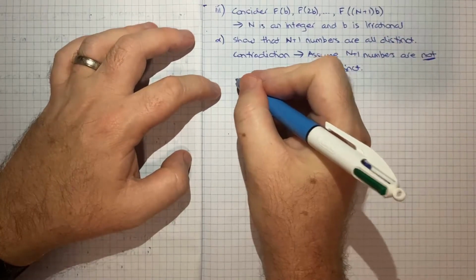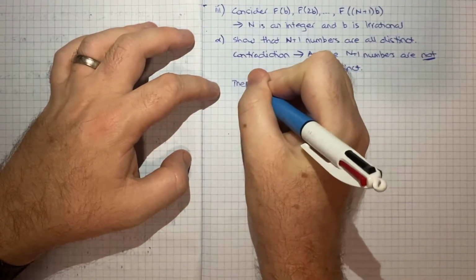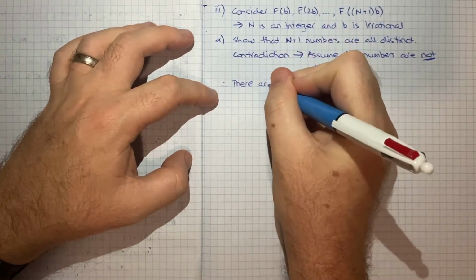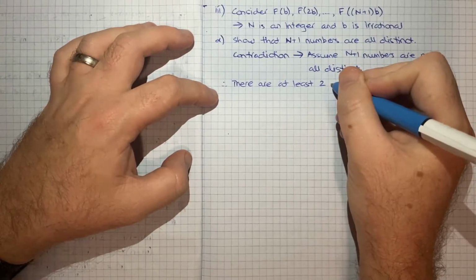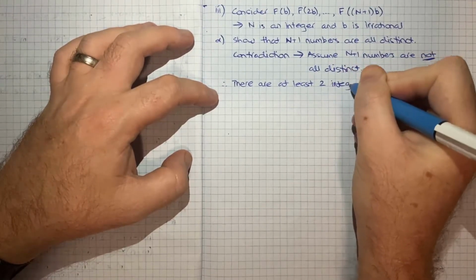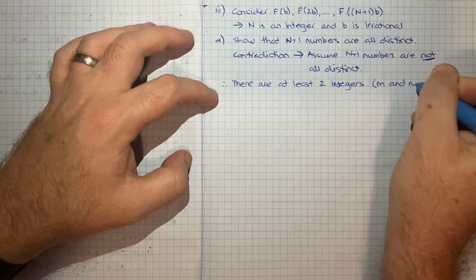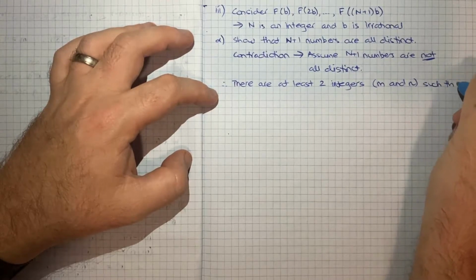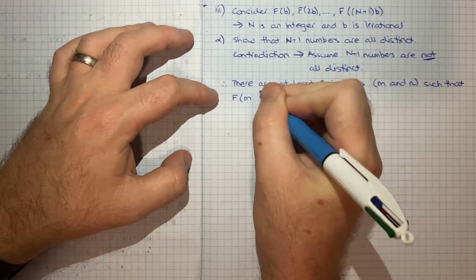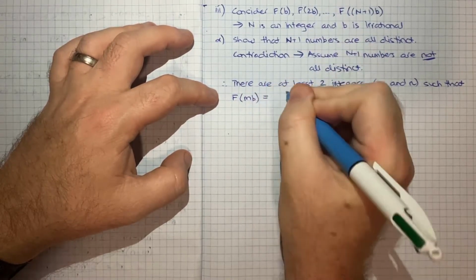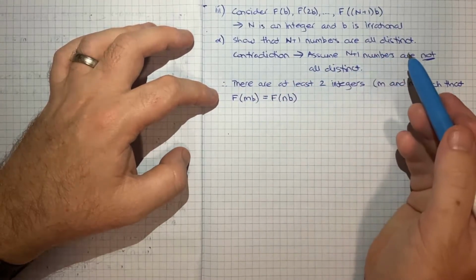So one way we could write that is that therefore there are at least 2 integers, and let's call them m and n, such that the fractional part of mb is equal to the fractional part of nb, i.e. they're equal, so they're not distinct.